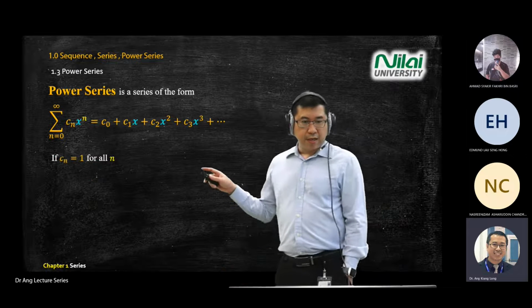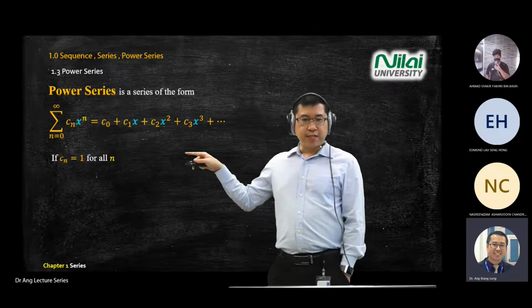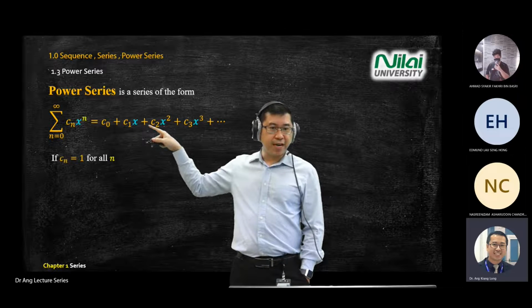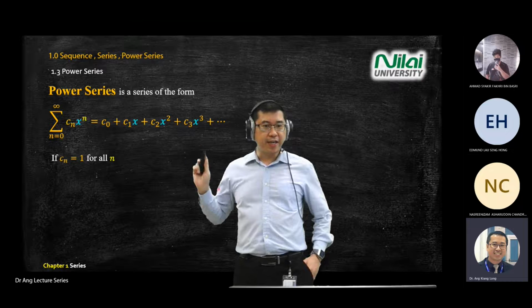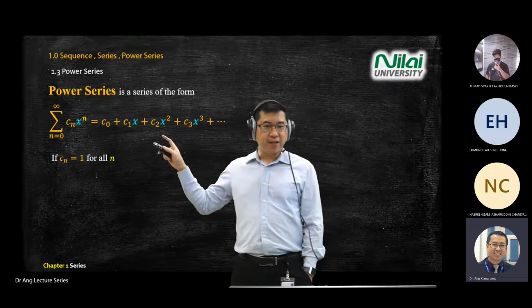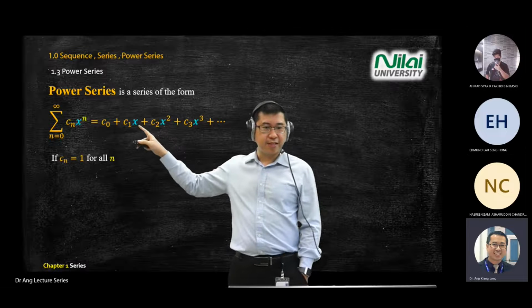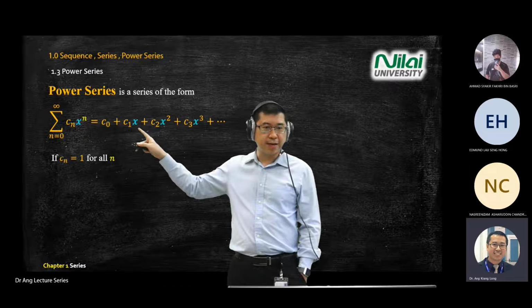Now, we start with something simple. If Cn, the far left equation for power series, the power series pattern, the equation is C sub n x power n, just beside the sum symbol.